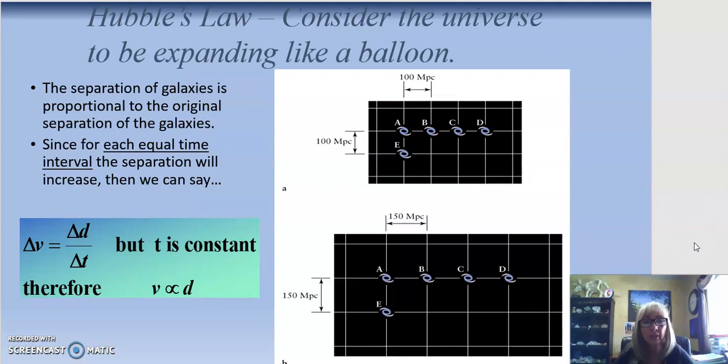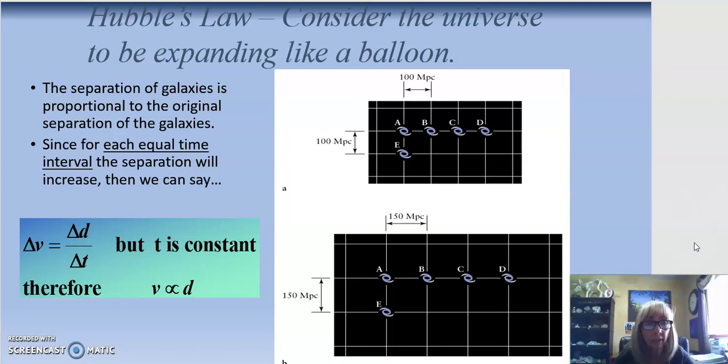This was something they had never thought of before, that things in the universe were expanding at a very fast speed. It was a new idea. It was surprising, and they just couldn't believe this was happening. So if we look at this chart to kind of explain how things are moving away from each other, there's no middle.